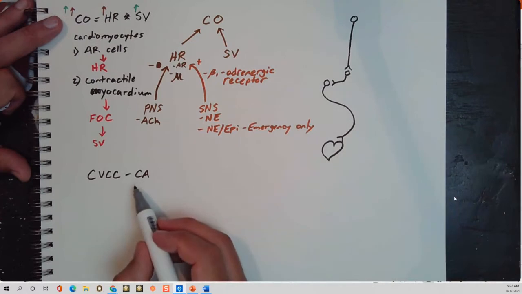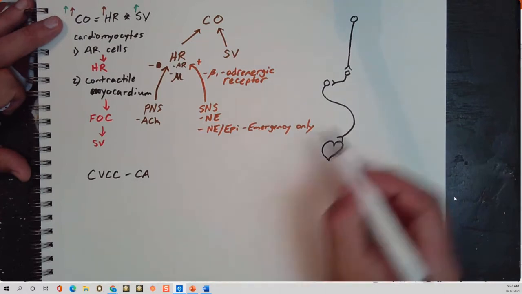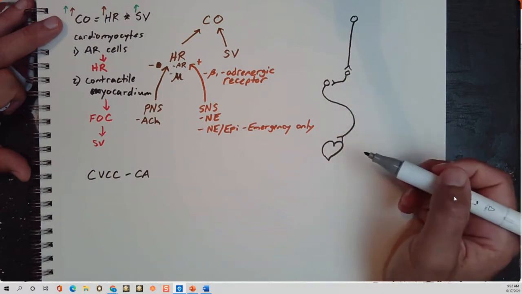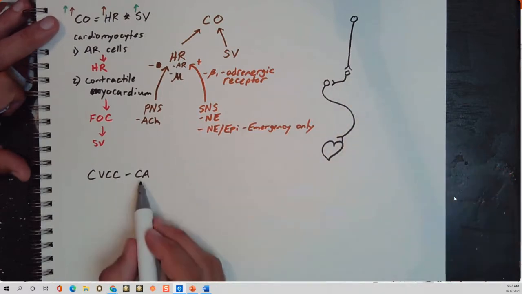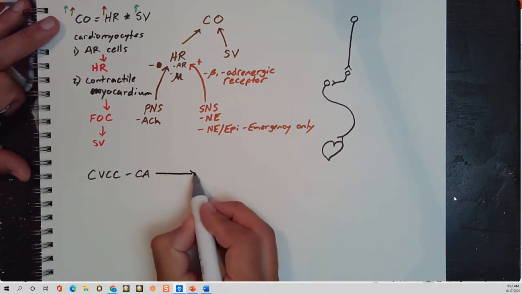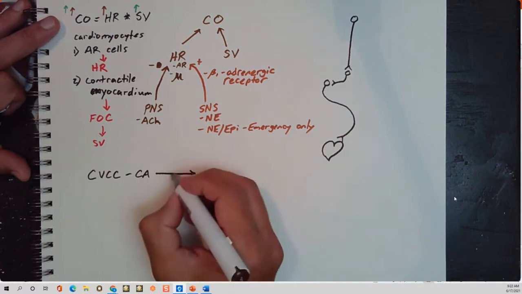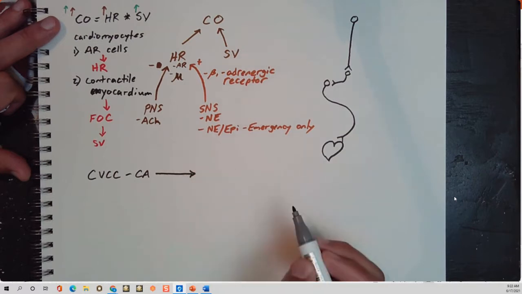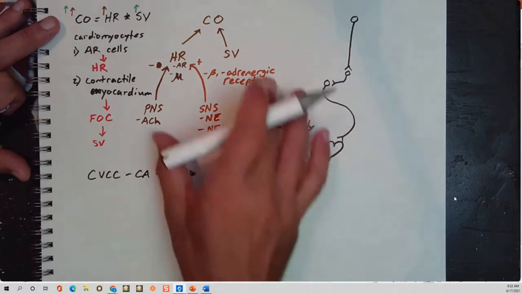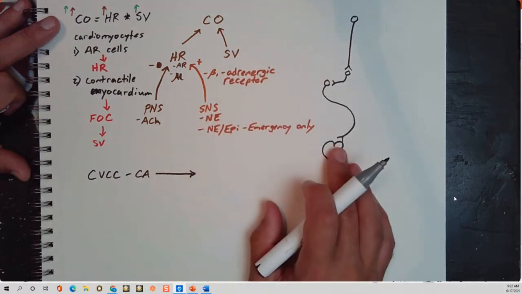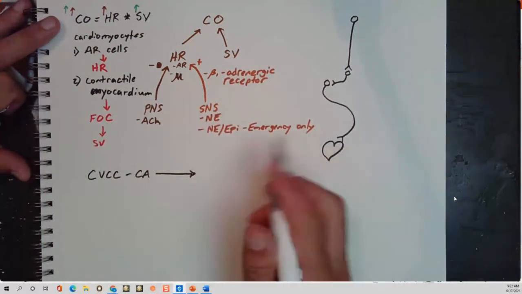Well, we can do that with a flow chart. CVCC, cardioacceleratory, but let's skip all the middle stuff because that was supposed to be tested in A&P 1. Sure, there's some nicotinic stuff in here, and that's a cool thing to talk about, but not essential to the function of the heart. So let's skip it and get to the neurotransmitter secreted on the heart.